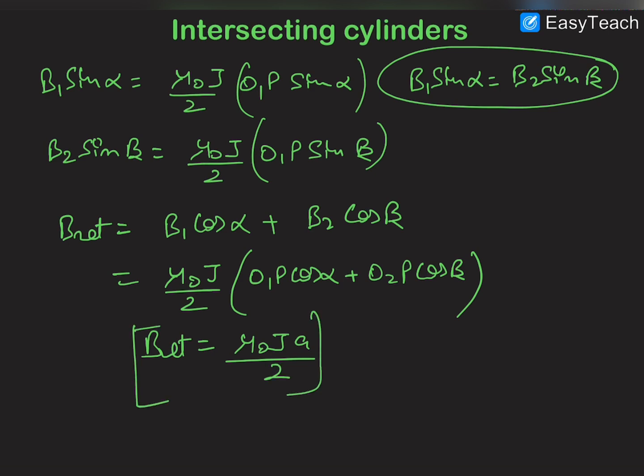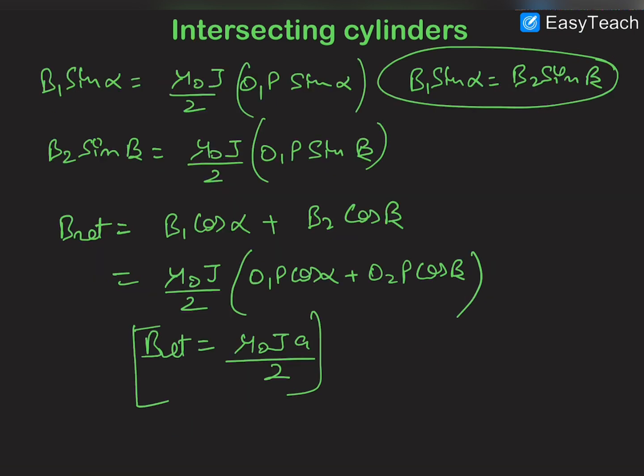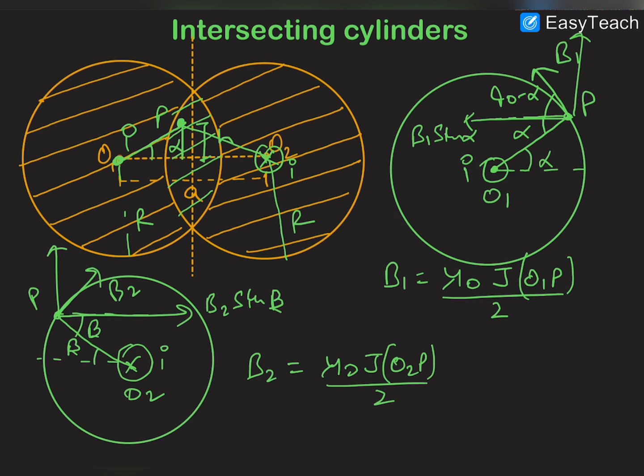This magnetic field is pointing in the upward direction, and it is constant in magnitude, because A is the distance between the axes of the cylinders, and it is constant.